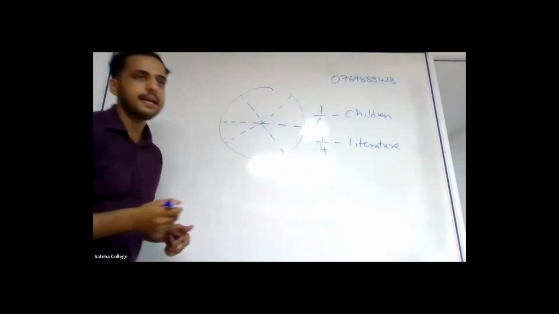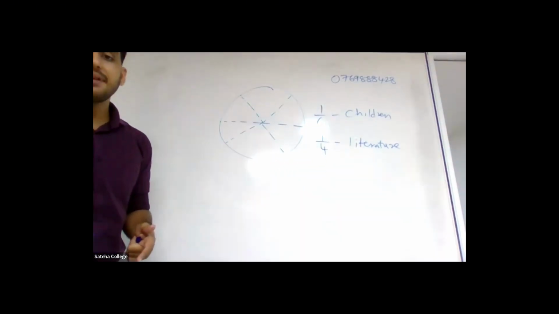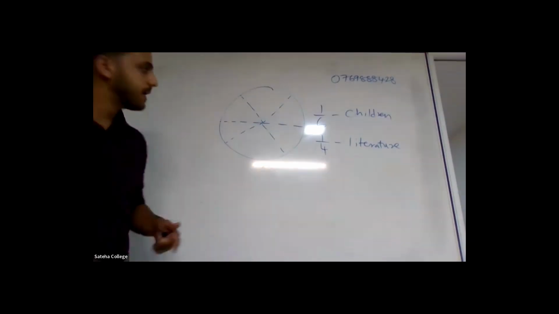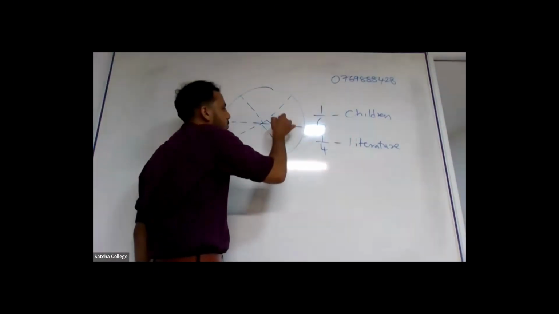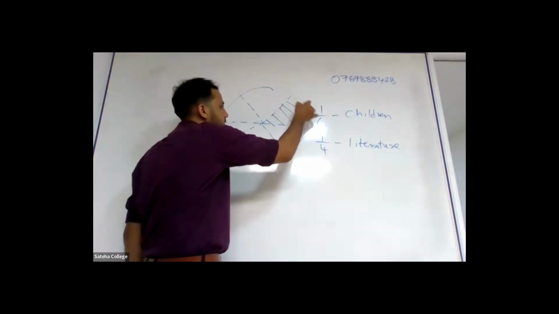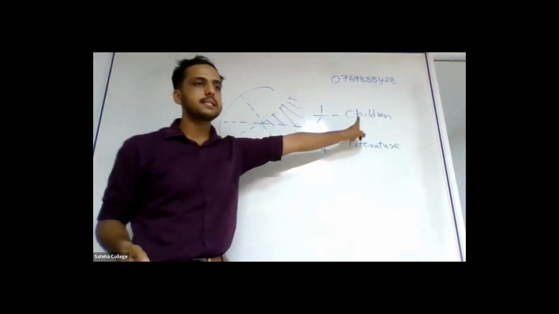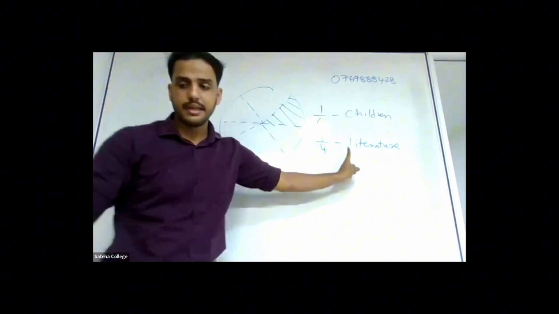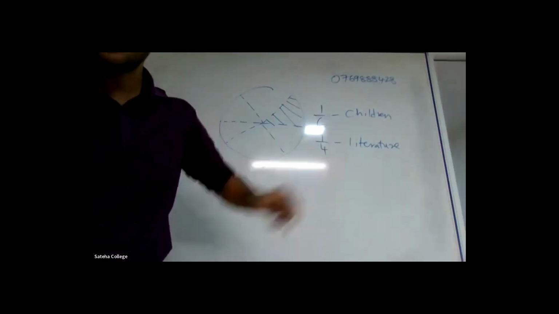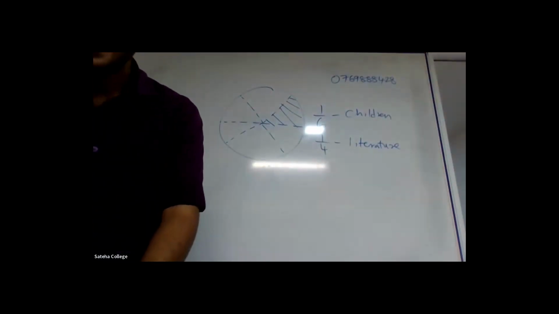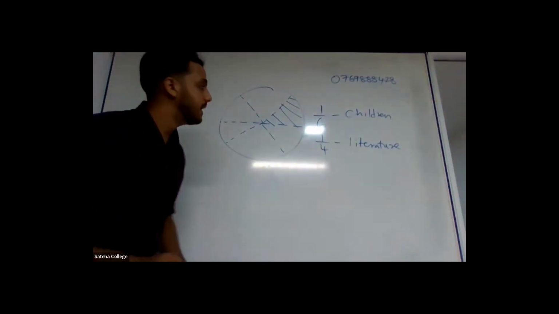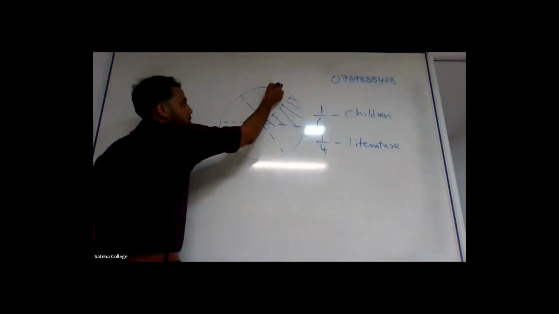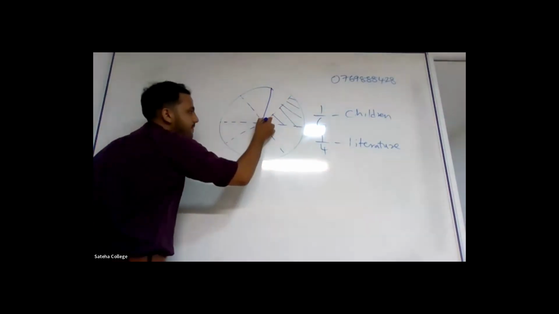Now we have 6 parts here. Let's say equal parts. Okay. I have divided into 6 equal parts. Now 1 part out of it is what? 1 part out of it is children's books. Right. Now they are saying from the total, they didn't say remaining. 1/6 of the books in the library were children's books and 1/4 were literature. Again from the total.